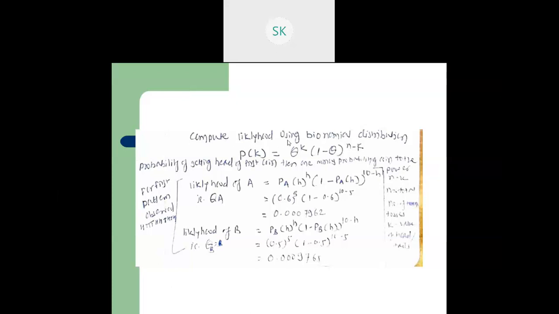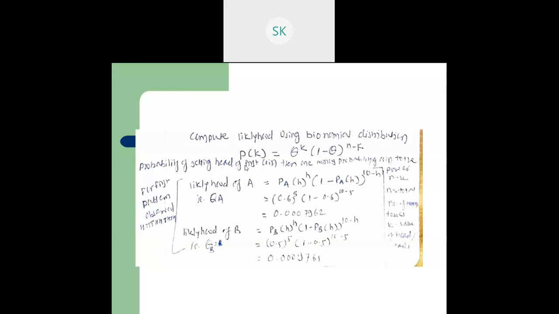Now compute the likelihood. For computing the likelihood we use the binomial distribution. The formula is P(k) equals theta raised to k, times (1 minus theta) raised to n minus k.